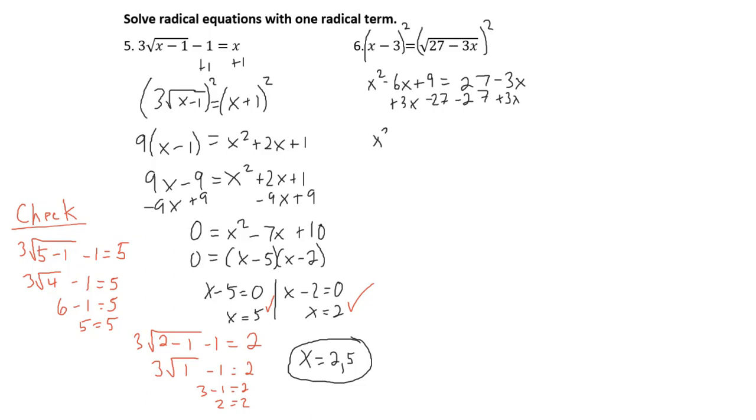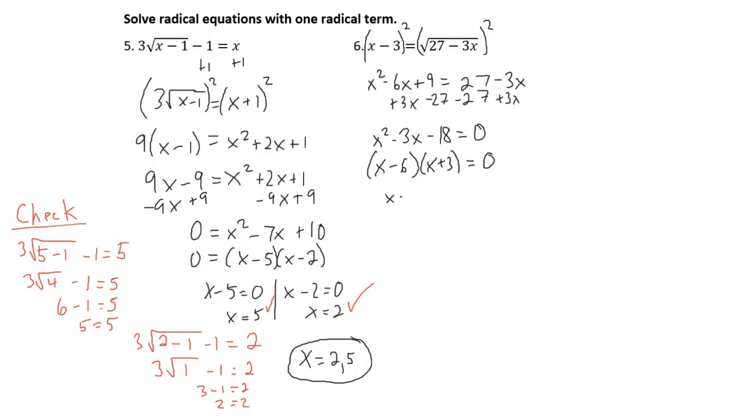And we get x squared minus 3x minus 18. And then we factor this, and that gives us x minus 6, x plus 3.